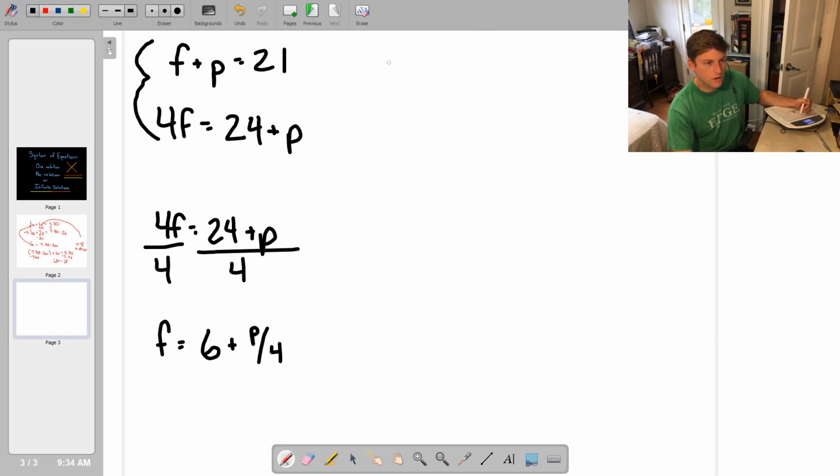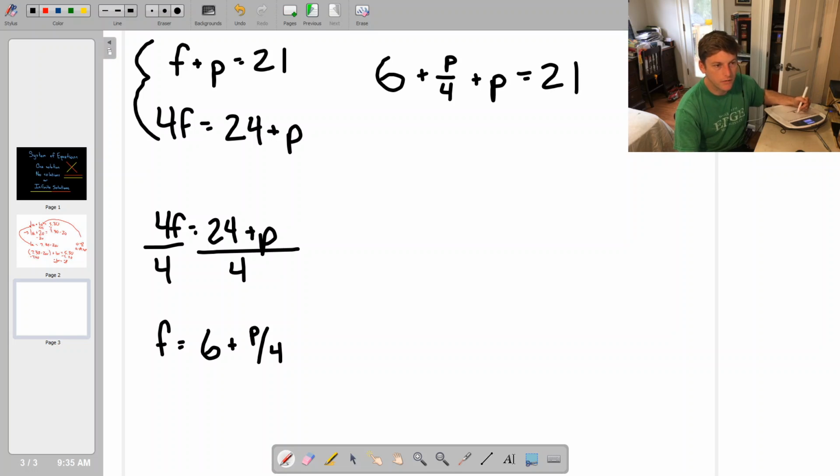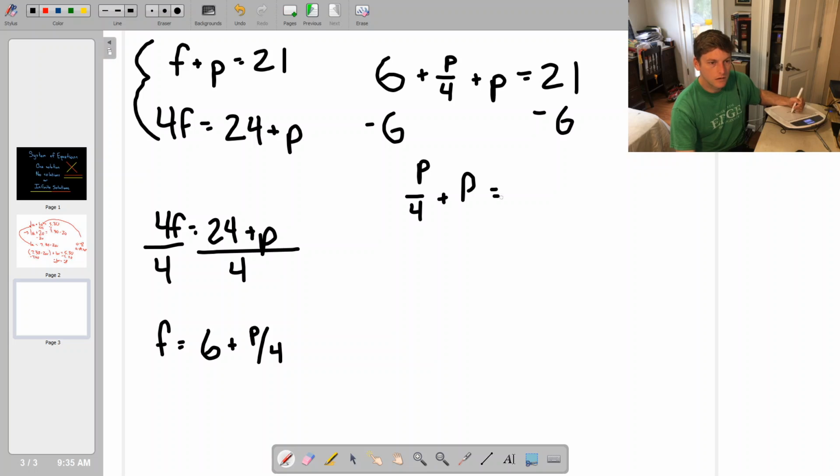So if I have F right there, I'm going to do 6 plus P over 4 plus P equals 21. And I made this harder than I should have. So I'm going to subtract 6 from both sides. And that will leave me with P over 4 plus P equals 15. There we go.